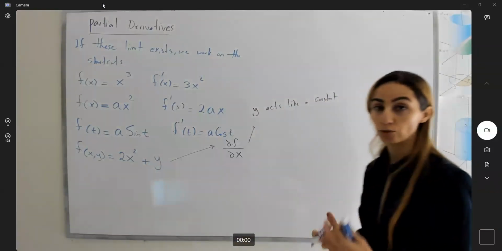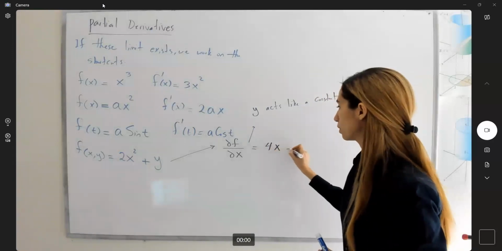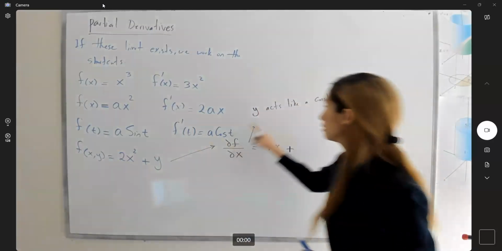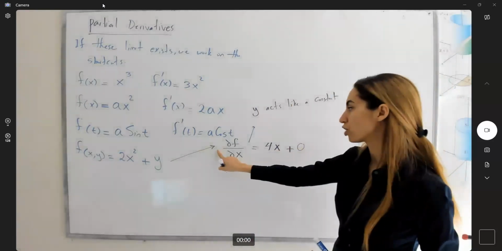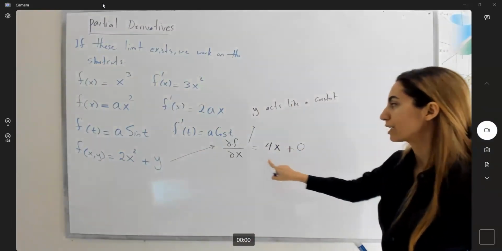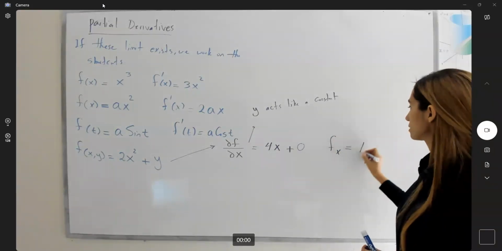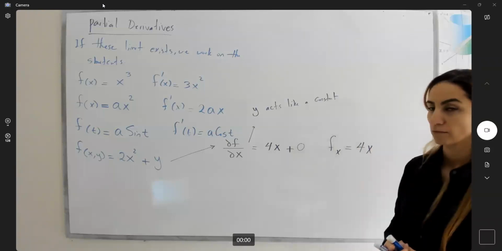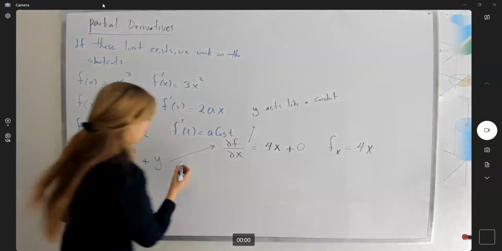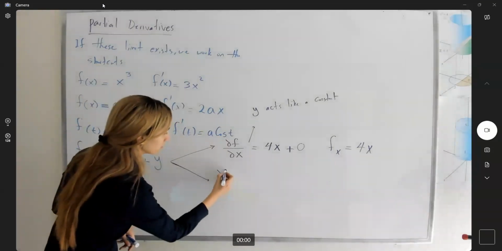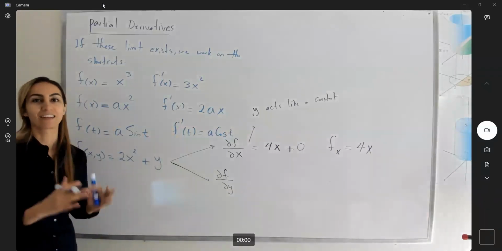Well, it means that we have 2x squared plus a constant. The derivative with respect to x is 4x plus the derivative of y, which acts like a constant, is 0. So the partial derivative of f with respect to x, f x, is 4x. The same when you're taking the derivative with respect to y. When you're taking the derivative with respect to y, x acts like a constant.